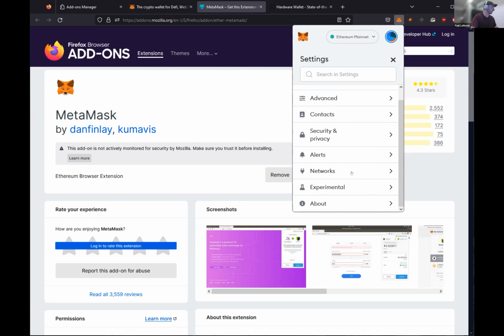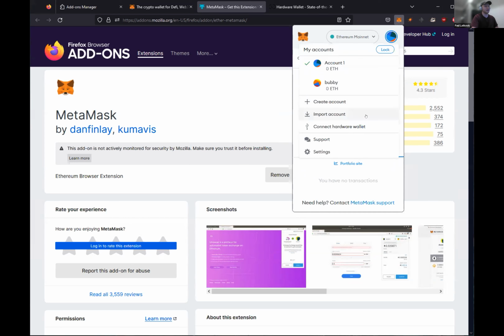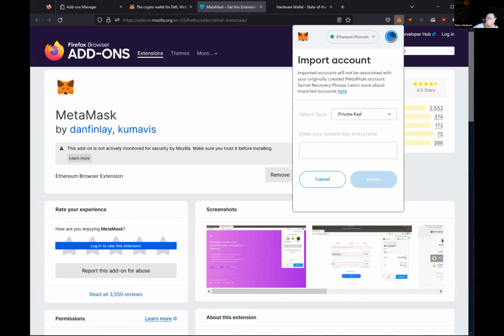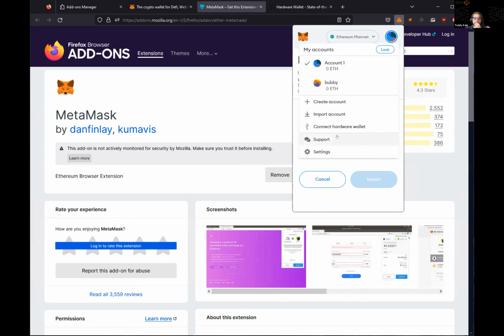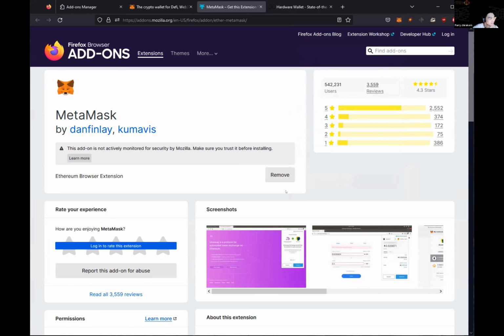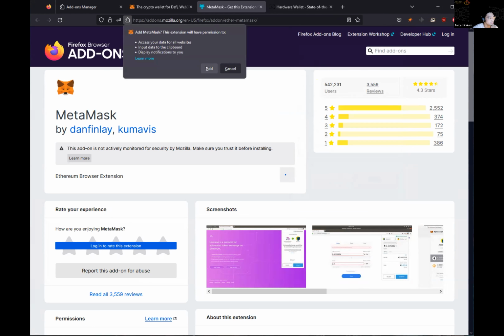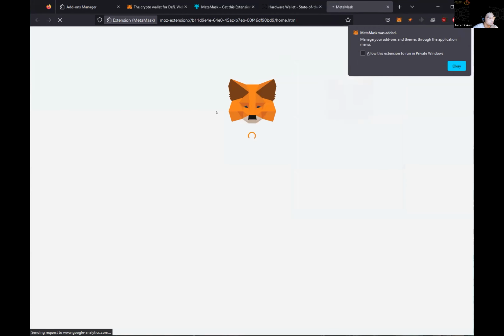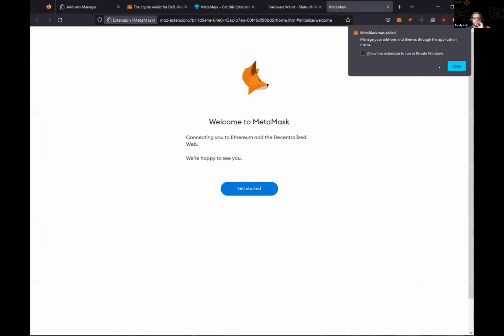Trying to remove this. It's not create an account, because that's just the same hash. You need to remove the extension. I did. It still asked you for, oh, weird. It remembers me. Oh, welcome to MetaMask. Yeah, there you go.